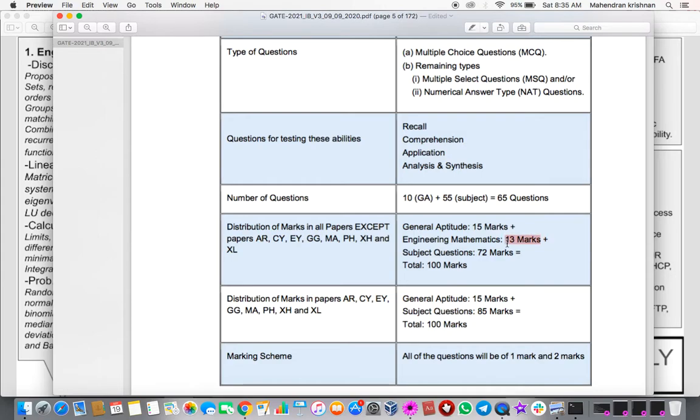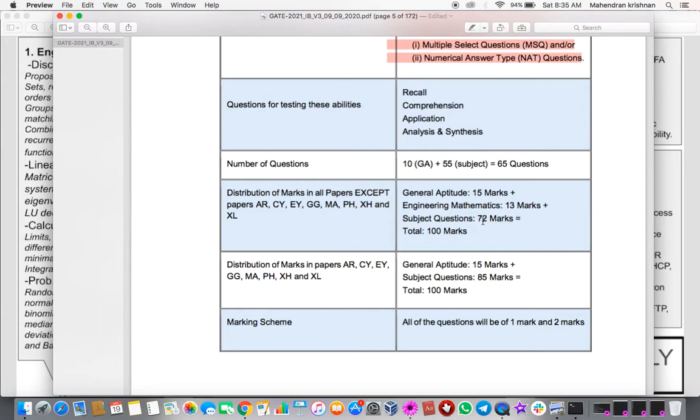Any maths question is 13 marks, and the subject questions are 72 marks. All types of questions can come in all three categories, and there is no split up here.